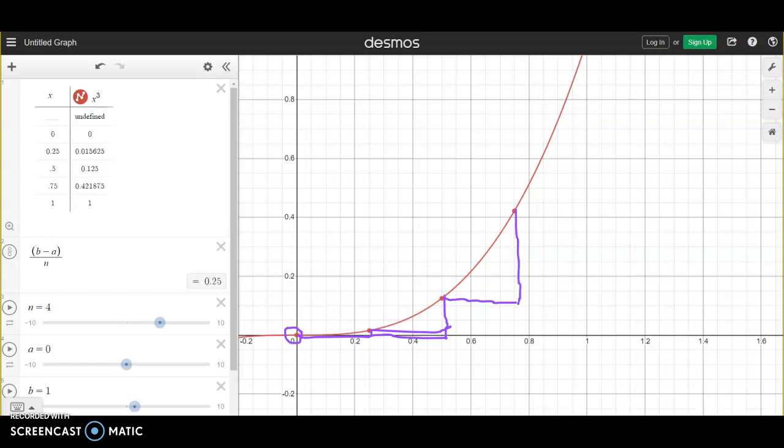And I suppose I actually have a rectangle tool here, so why don't I clear this all out.